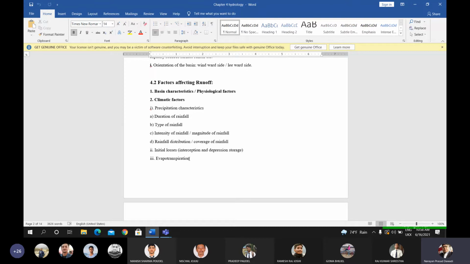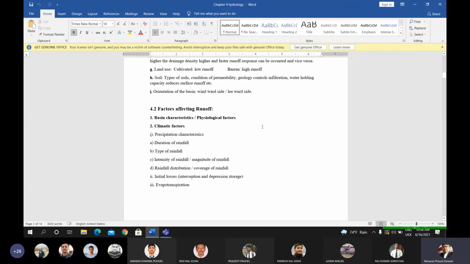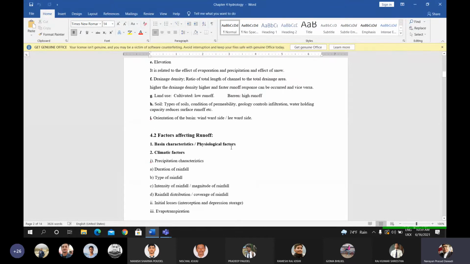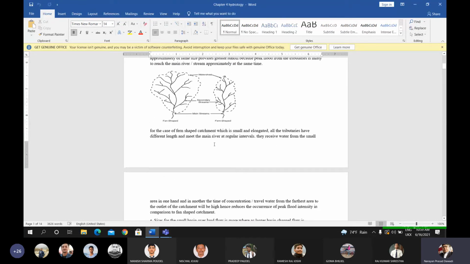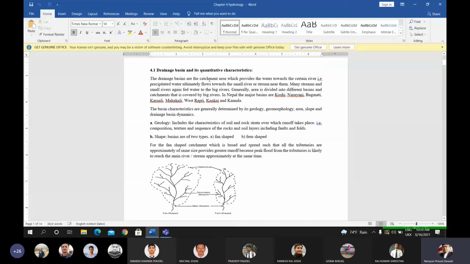Okay, these are the terms. In this way you can explain the factors affecting runoff. One is physiological factors, and another is climatic factors. You can describe the factors affecting runoff on the basis of these two. The physiological factors are the basic characteristics already discussed, the drainage basin and its characteristics.